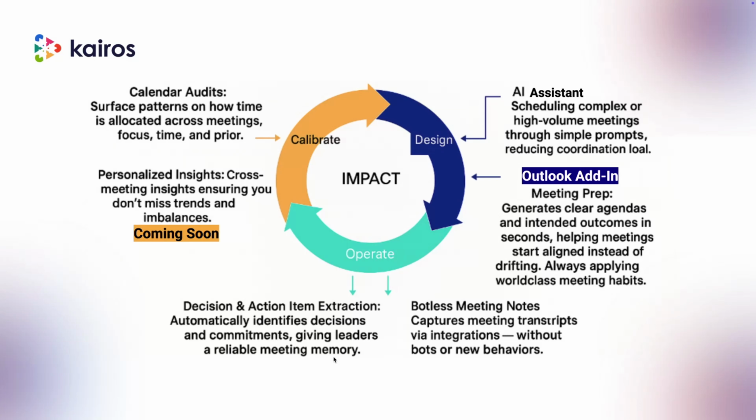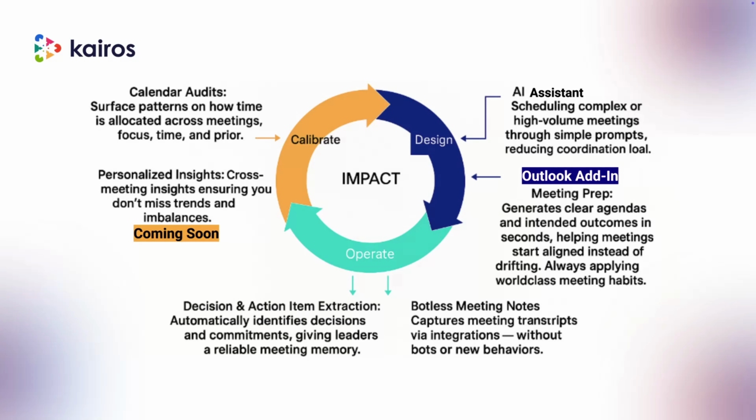Kairos then processes and queries decisions and action items out of those transcripts so that you have data that you can reliably query and track, creating a single source of truth and optimized follow-through.